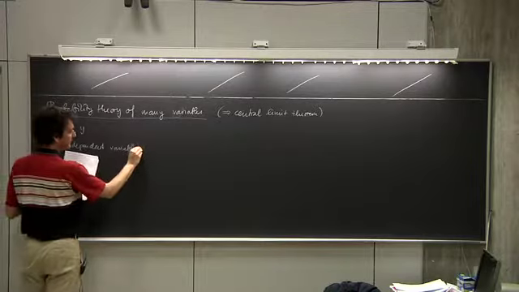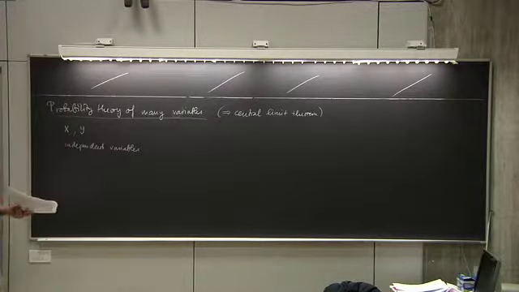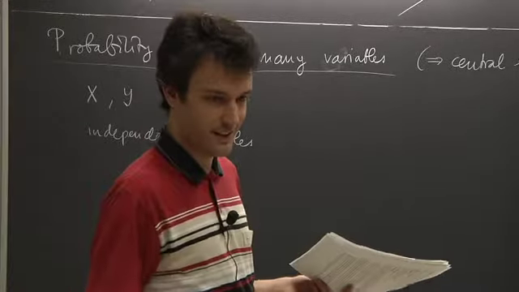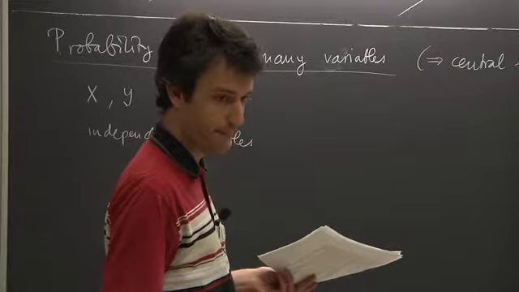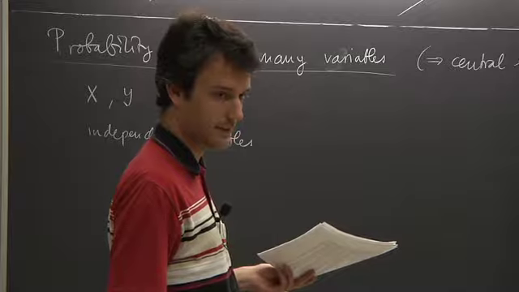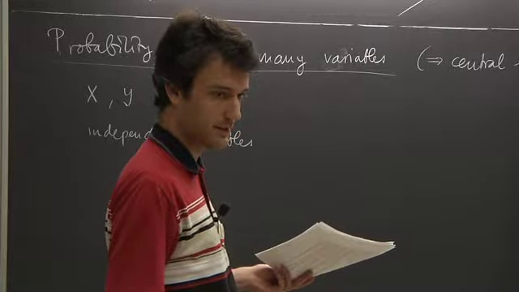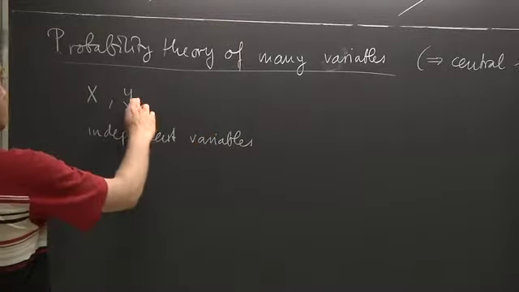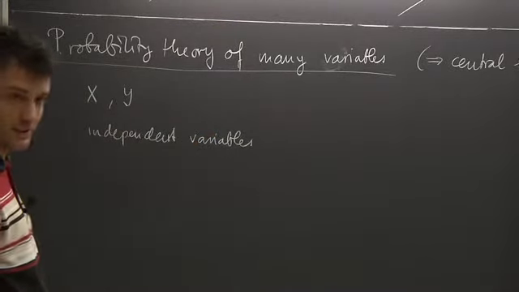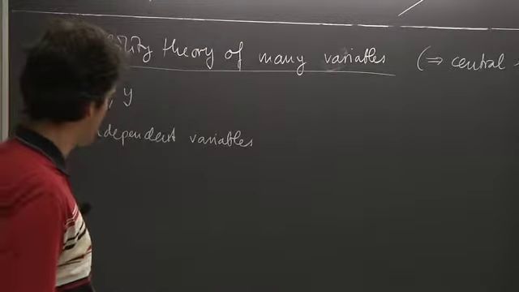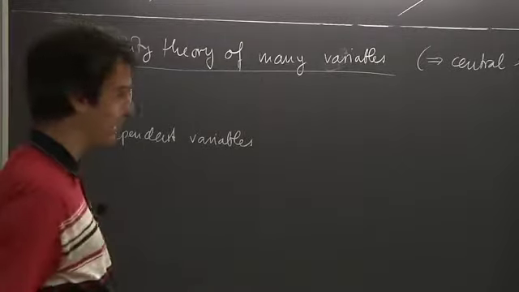Can somebody tell me what it means to have independent variables? Right. So if I know something about y, I don't know anything about x, then I call them independent. Otherwise, there's a dependency, or as we say, there's a correlation.